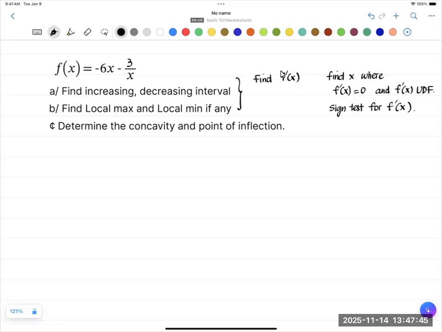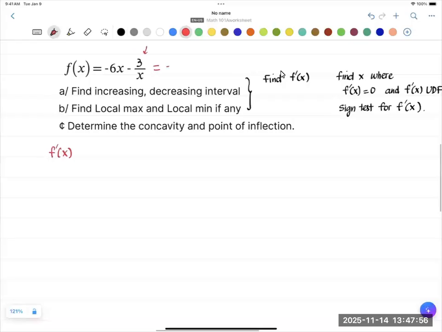So let's go ahead and find f prime. I will rewrite the fraction as a power function, so I will have negative 6x minus 3x to the power negative 1. The derivative of negative 6x is negative 6, minus 3 times the derivative of x to the power negative 1.